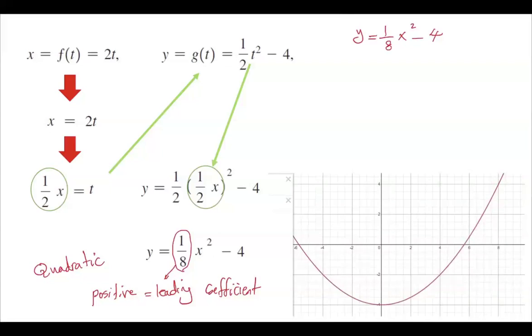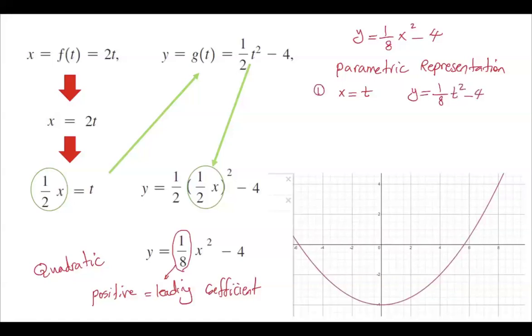When you're talking about parametric representation, someone might say, I want to take x to be t, so my y becomes 1 over 8 t squared minus 4. This is your first option, the simplest option possible.